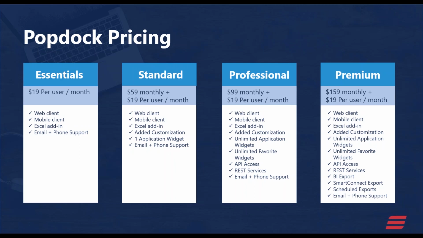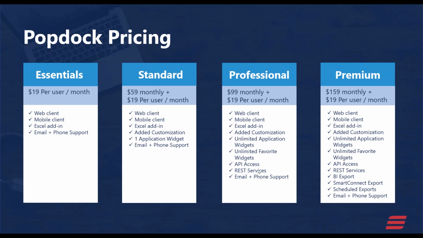With those widgets, being able to embed those different widgets, for one widget, if you wanted to start at the standard plan, you certainly could. For unlimited widgets, I would suggest starting out with the professional plan. That also gives you access to SmartConnect, using Popdock as a SmartConnect data source.